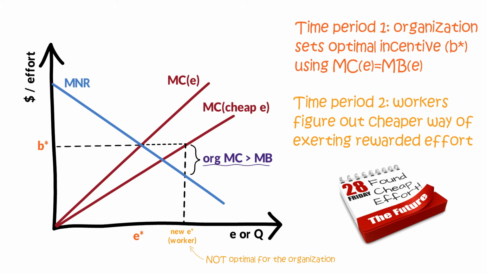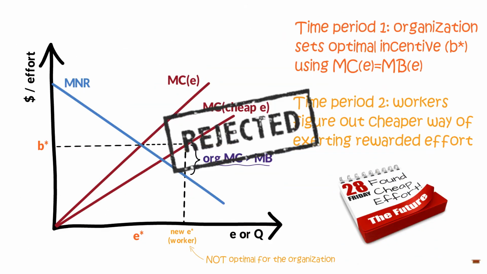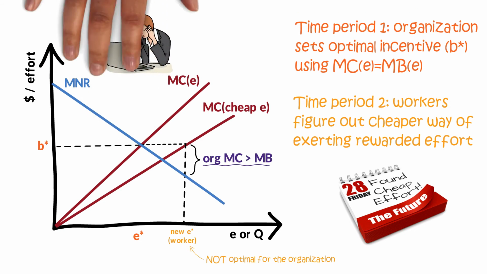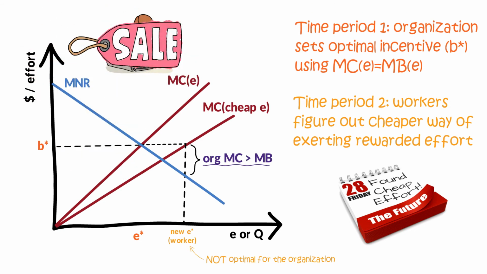Moreover, the situation for the organization is probably even worse than we've portrayed it so far, because not only is there too much effort being exerted, but this substandard cheap effort is probably costly to the organization. That is, the organization might get sued for charging customers for unnecessary auto repairs, or need to fix bad data entry, or need to give discounts to customers because of poor product quality.